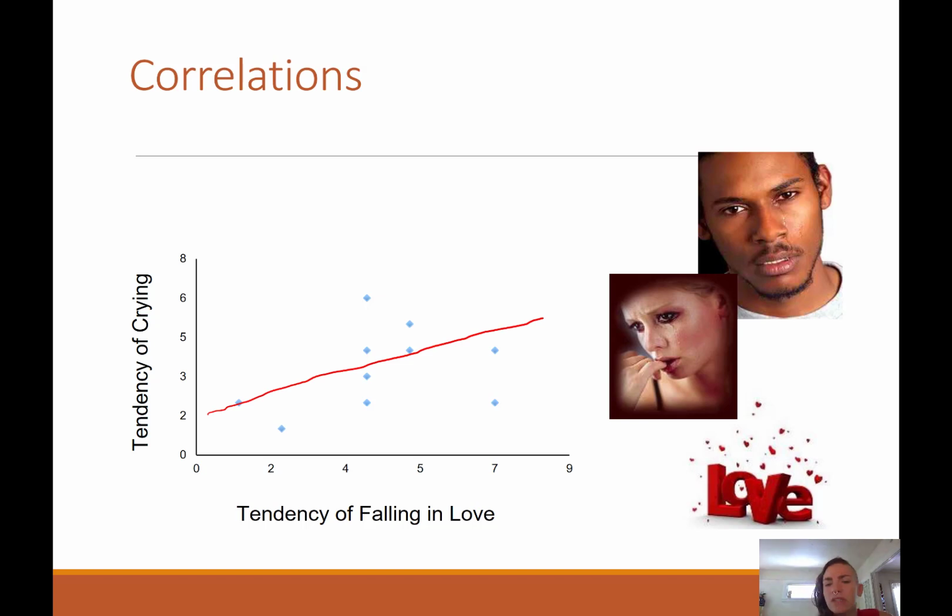If there is a relationship, it doesn't look to be a very strong one because those points are spread out quite a bit around this line. But it does look like a relationship, and do you think it's positive or negative? Because this line is increasing across the x-axis, it is a positive relationship.